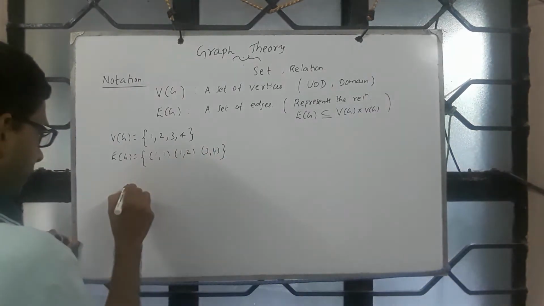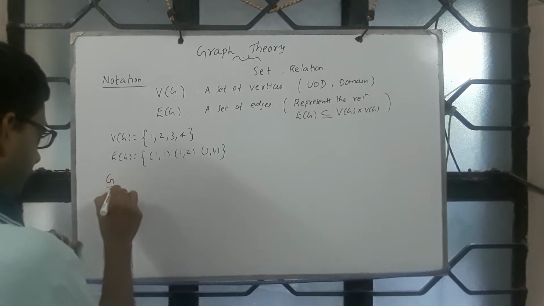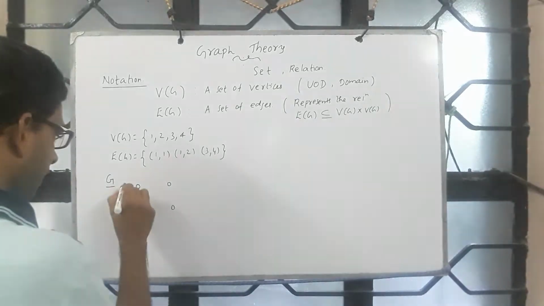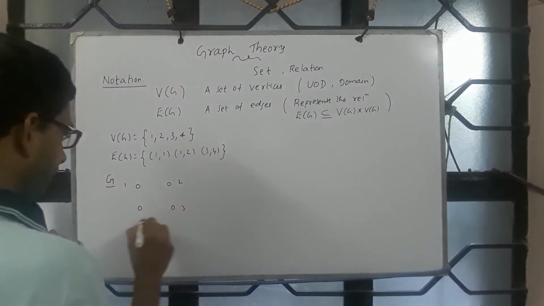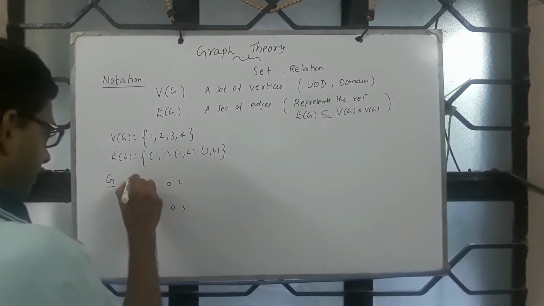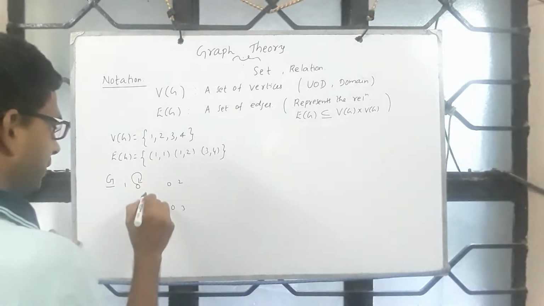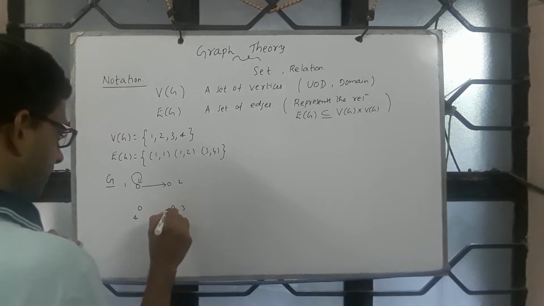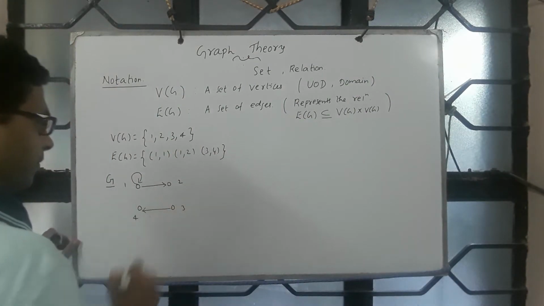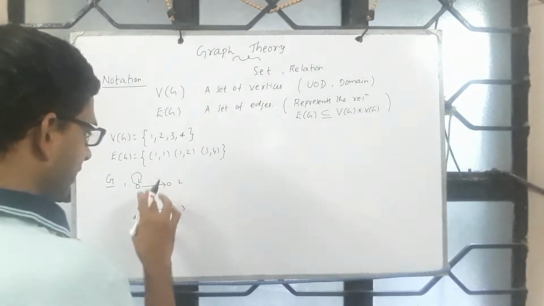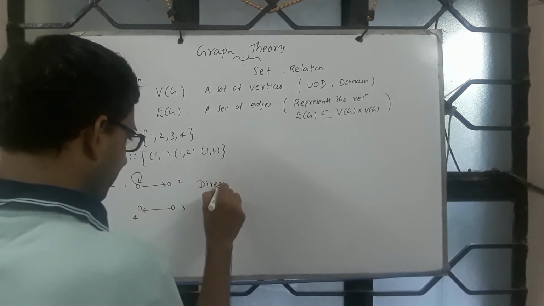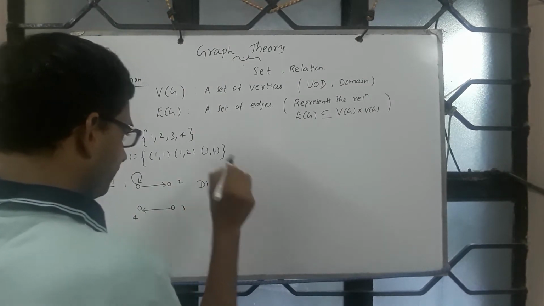Then the underlying graph, which we call G, has 4 vertices 1, 2, 3, 4, and there is a directed edge from 1 to 1, a directed edge from 1 to 2, and a directed edge from 3 to 4. Because there are directions, this graph is called a directed graph.